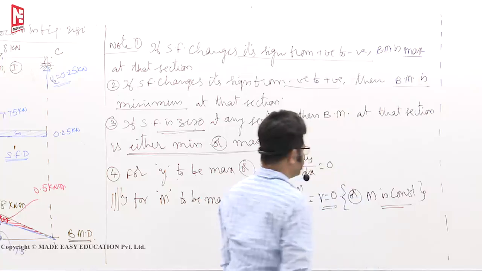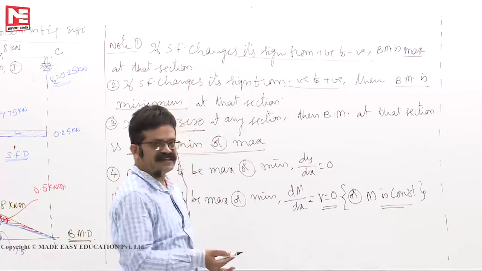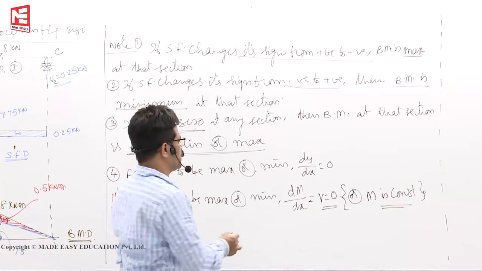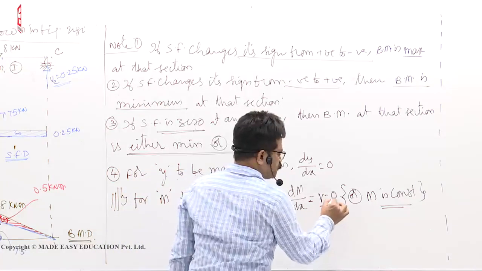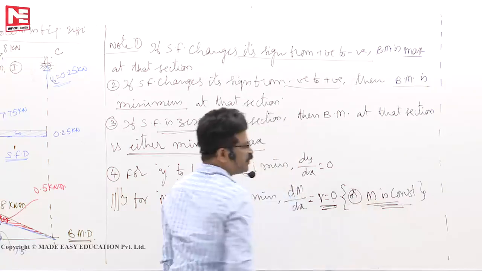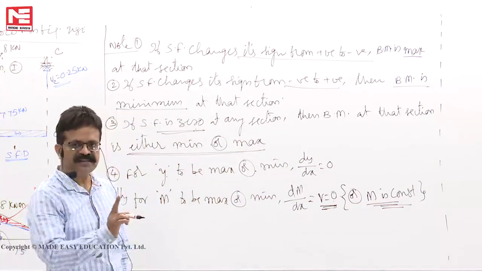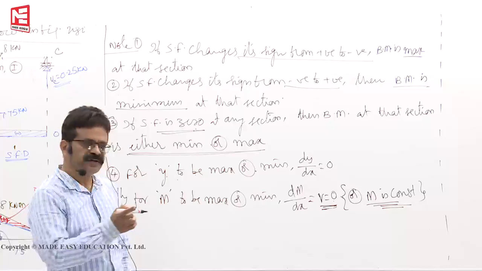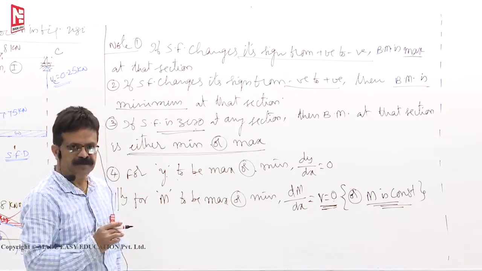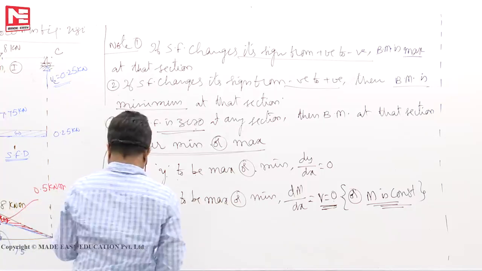If M is constant, then the derivative of some constant term is 0. We can say dM by dx, shear force, is 0. The meaning of this we can also write as M is constant. If M is constant, dM by dx is 0. That means it will be a minimum or maximum. Okay.